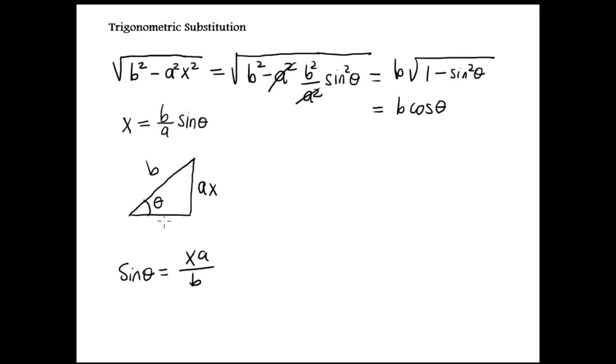And the adjacent is the square root of b squared minus a squared x squared, by the Pythagorean theorem. It's exactly the same as the expression we have at the beginning.